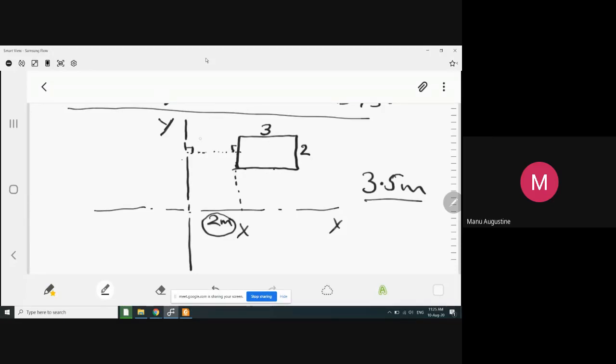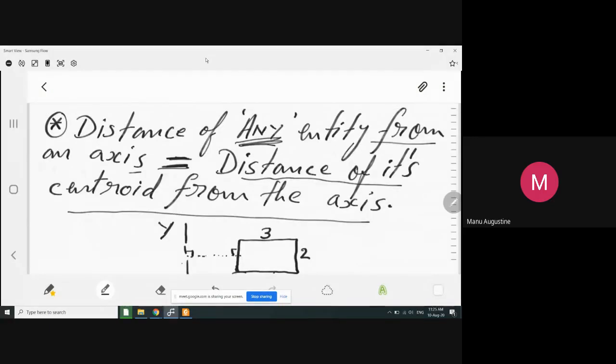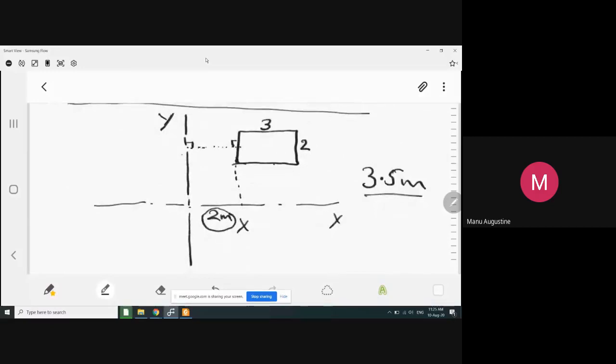How? Because the distance of any entity from an axis is always equal to the distance of its centroid from the axis, not the nearest edge. So although visually it might seem to you that this is the edge nearest to the y-axis, so the distance of this edge from the y-axis should be the distance of the rectangle from the y-axis.